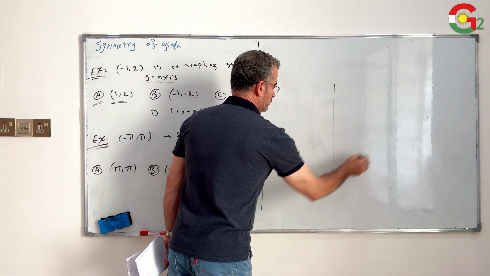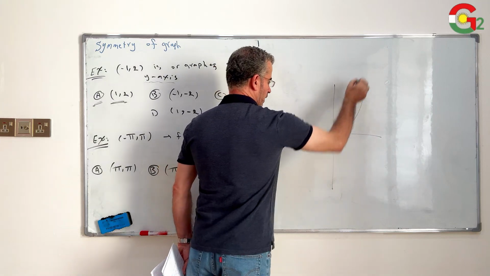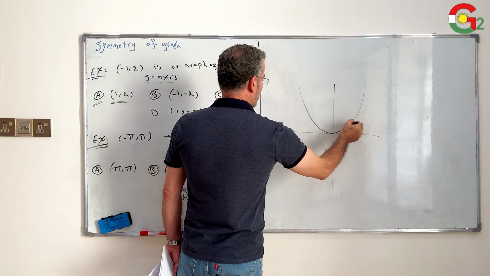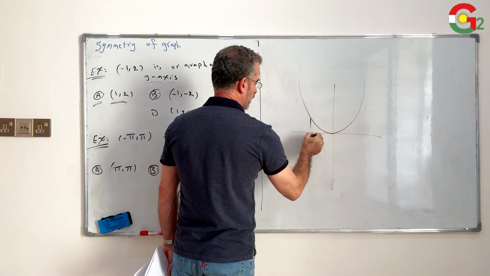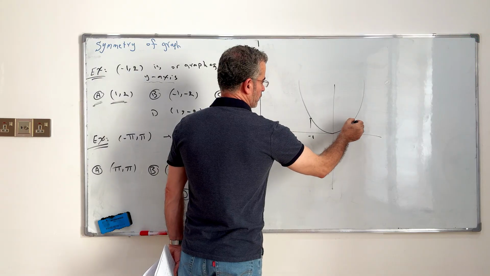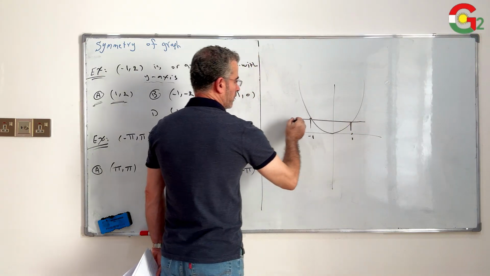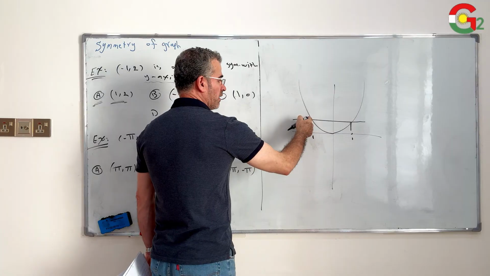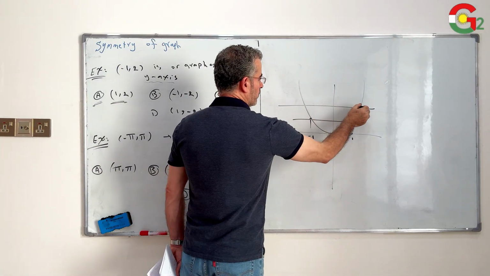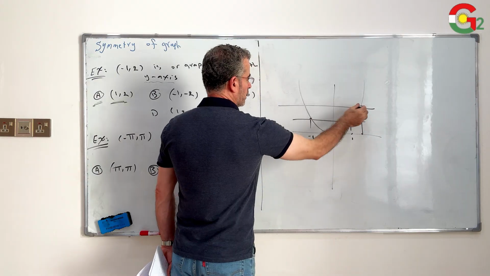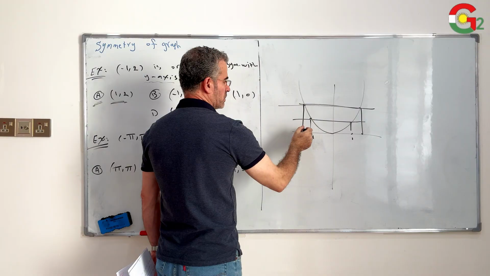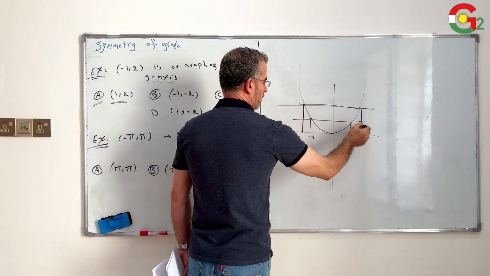Because look at this graph. This is negative 1, 2. This is 1, 2. Then when negative 1, 2 lies on the graph, surely 1, 2 lies on the graph. For every point here, the mirror point is also on the graph.